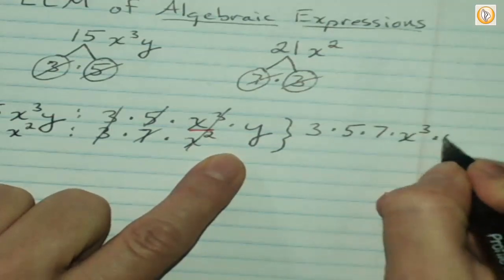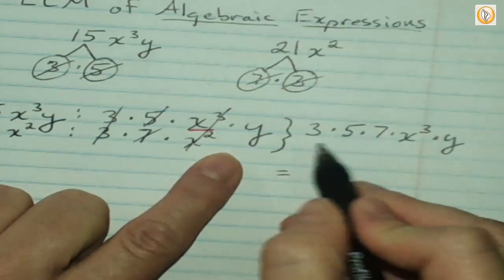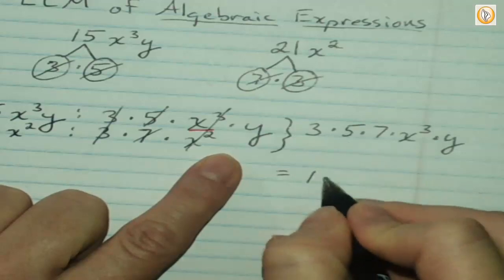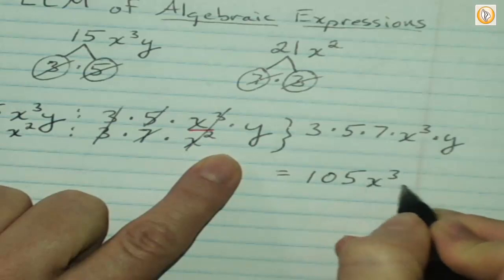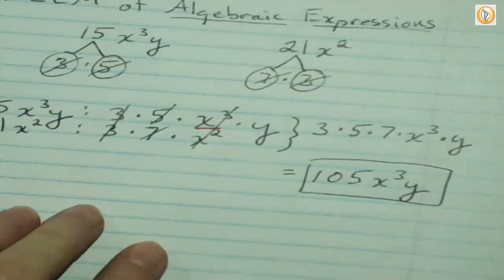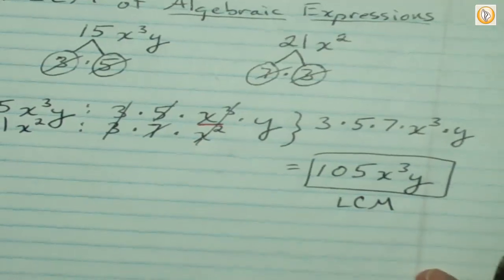No. So I'm bringing that down there. So 3 times 5 times 7 is 105, and then we just bring down our variables. There is the least common multiple for those two. Any questions?